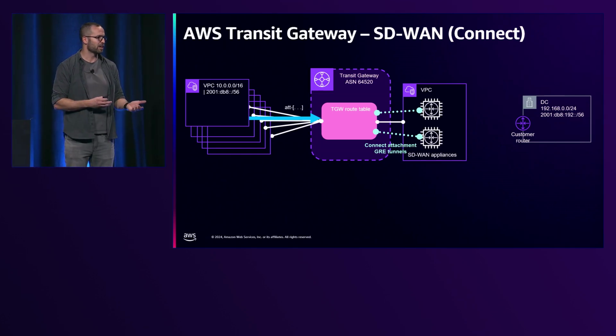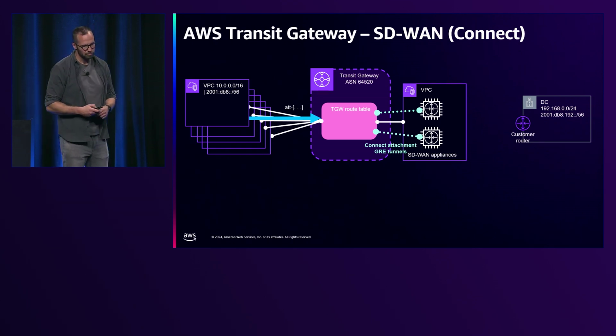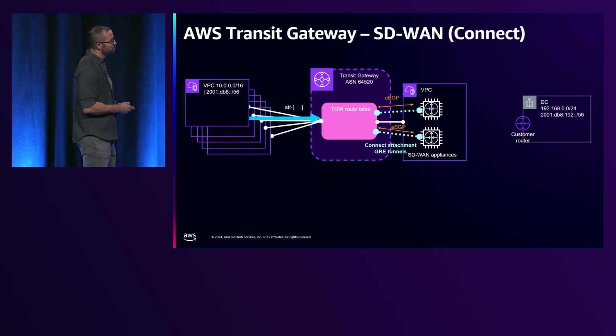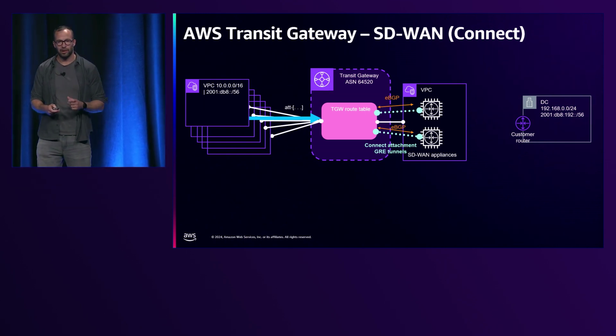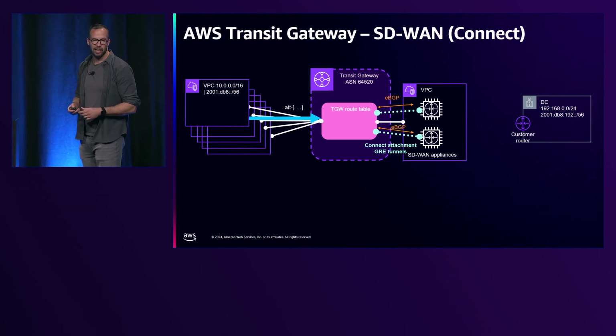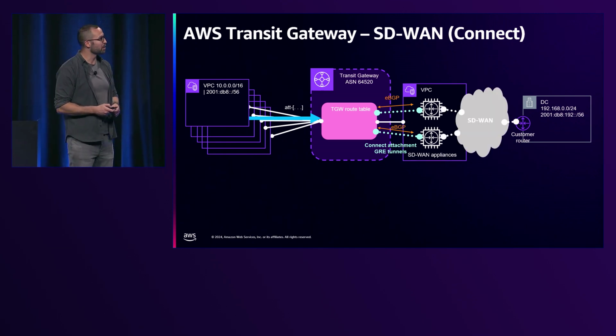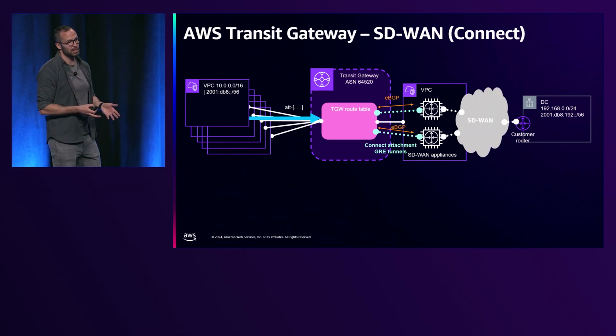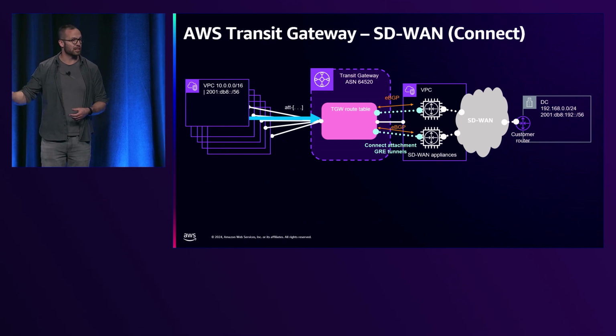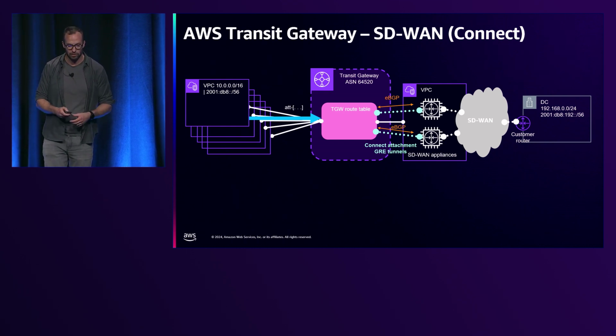GRE is just another tunneling protocol. It allows you to get up to 5 gigabits a second, so it's a little bit faster than IPsec, but it doesn't provide encryption. On top of those tunnels, we also have eBGP, exchanging routing information between Transit Gateway and the SD-WAN headends. And then from there, the SD-WAN headends connect to the rest of the SD-WAN network and then back to your data center, as well as branches, wherever else you need to go.